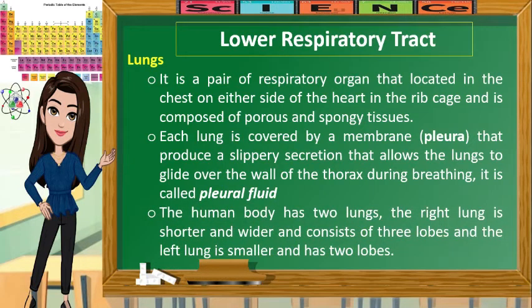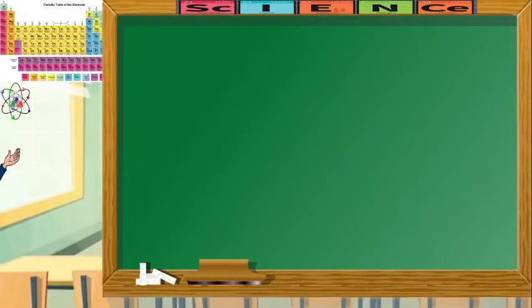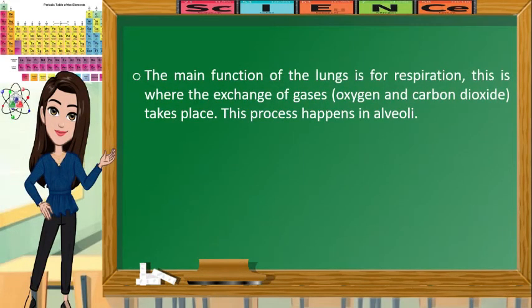The human body has two lungs. The right lung is shorter and wider and consists of 3 lobes, and the left lung is smaller and has 2 lobes. The main function of the lungs is respiration. This is where the exchange of gases, oxygen and carbon dioxide, takes place.